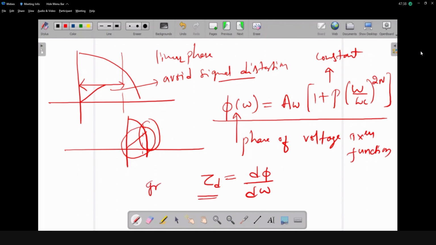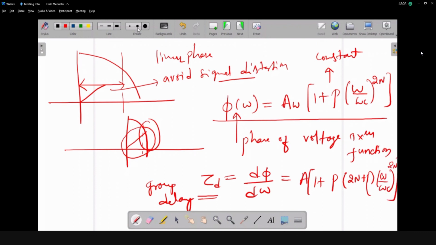Okay, so this is called the group delay. It is a function of the phase, and if we derive it, taking the derivative, we are going to get 1 plus P into (2n plus 1) into (omega by omega c) whole power 2n.